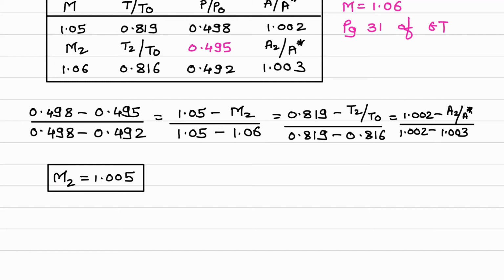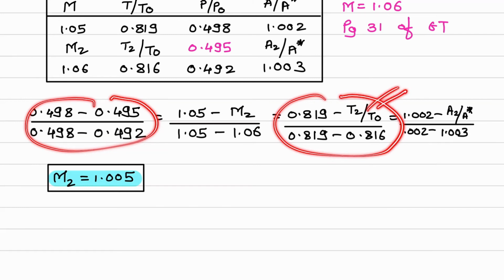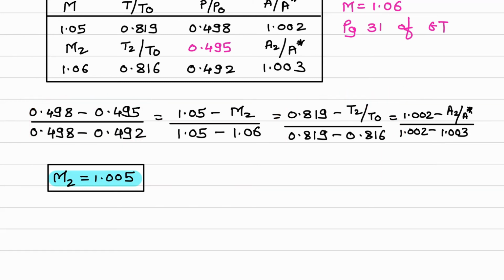Sonic condition is 1 Mach number, so that you can observe over here. Then if I consider this part and this part, only unknown is T2 by T0. So I'll get T2 by T0 value. T2 by T0 is equal to 0.8175. This value I am getting.